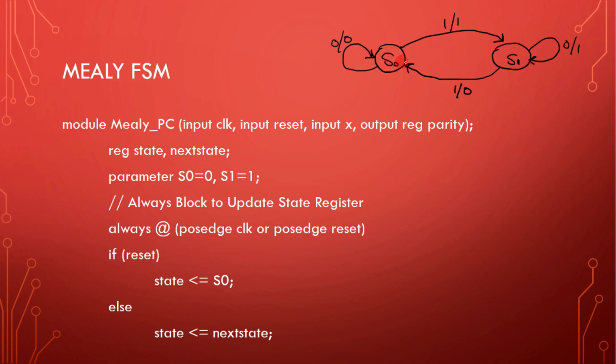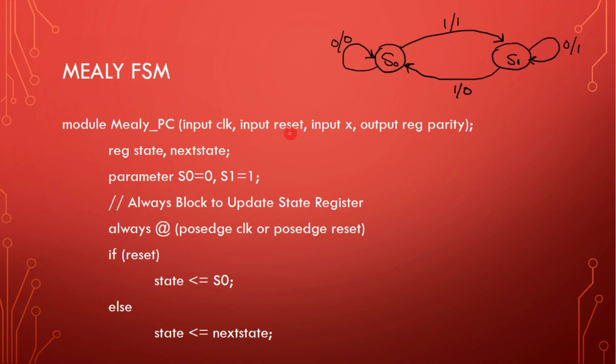So for this parity checker circuit, this is the start of your Verilog implementation. Here you are declaring a module called Mealy parity checker. It has 3 inputs. One is clock, on which your state registers will operate.